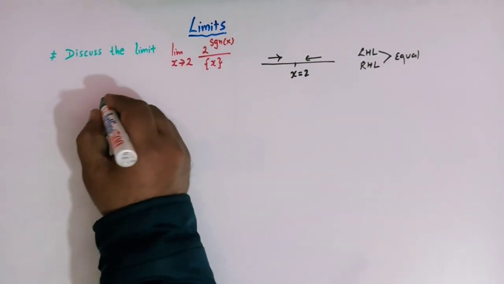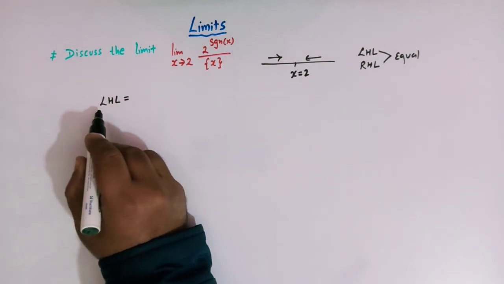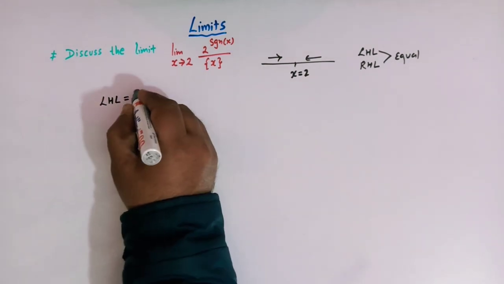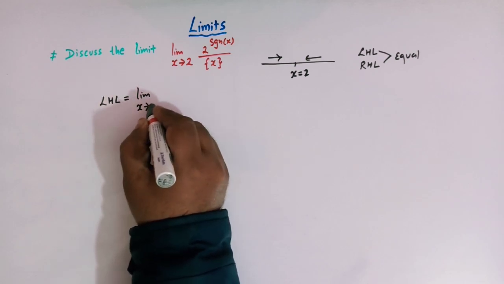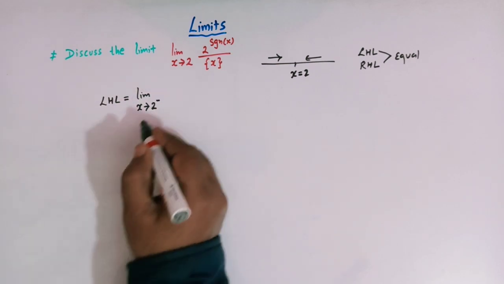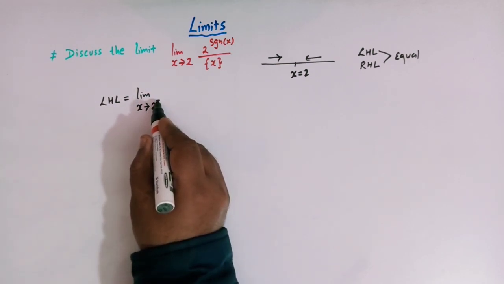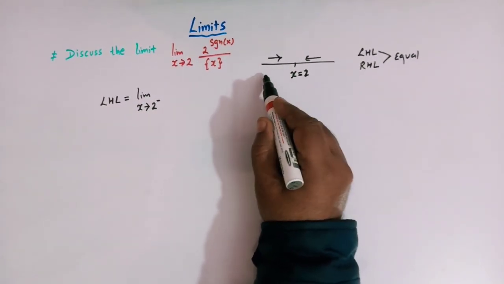Now we'll write LHL for the left hand limit, and we'll use this notation: x tends to 2, with a negative sign. This negative sign represents that we are approaching 2 from the left of 2.